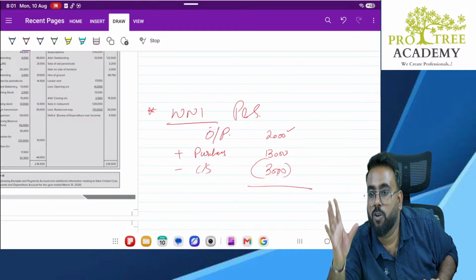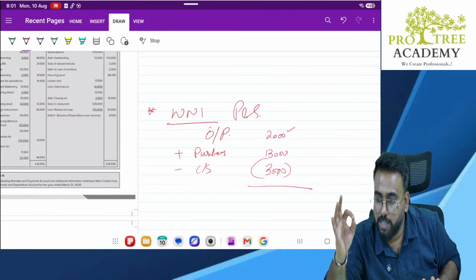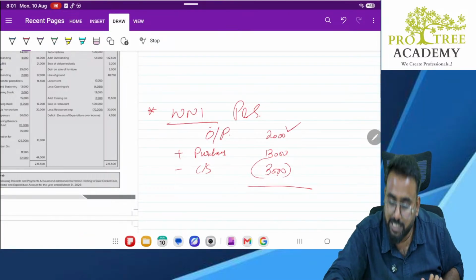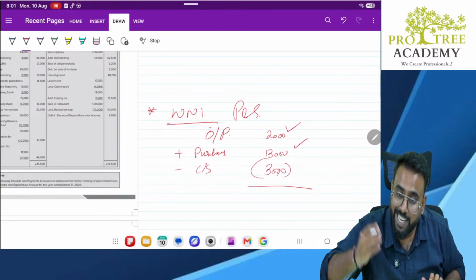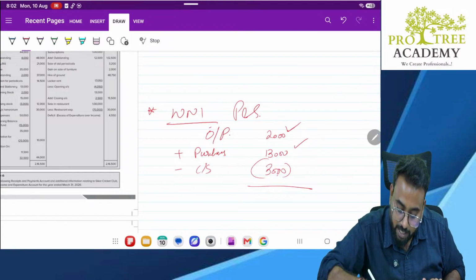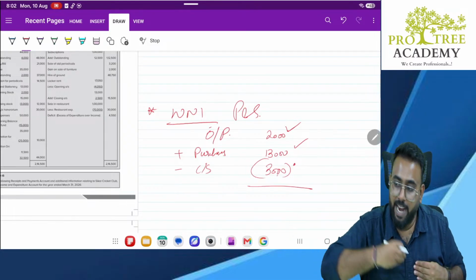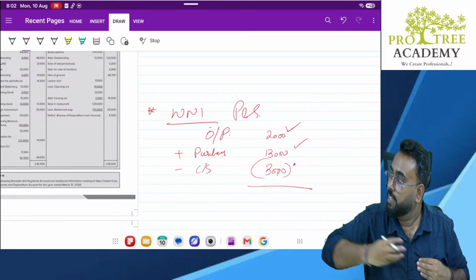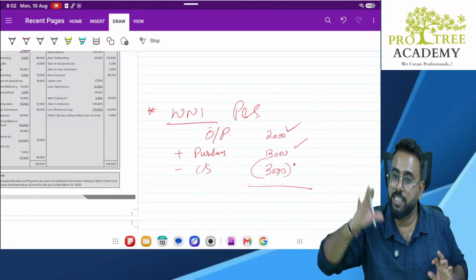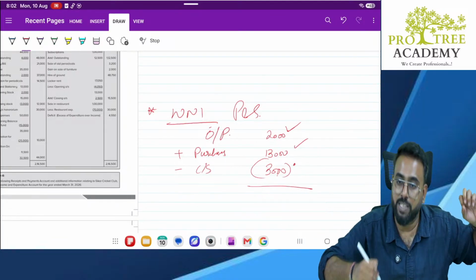That is the concept of consumption. You already had 2,000 worth of printing and stationery with you. You purchased additional 13,000 worth of printing and stationery. Out of that, 3,000 is still remaining with you. So 2,000 I had, 13,000 father gave, 3,000 put in the piggy bank, the rest I went out and enjoyed. How much did I get in total? 2 plus 13, 15,000.